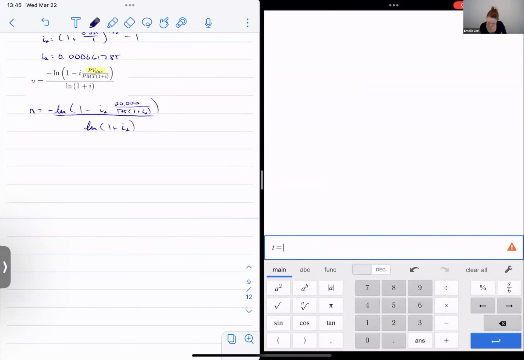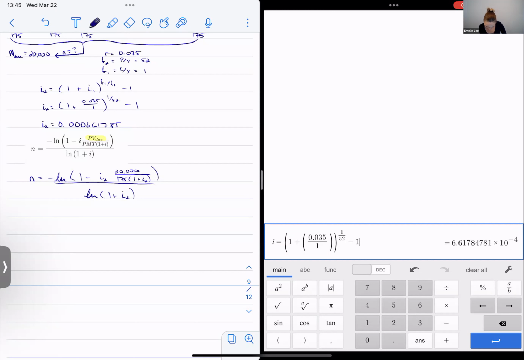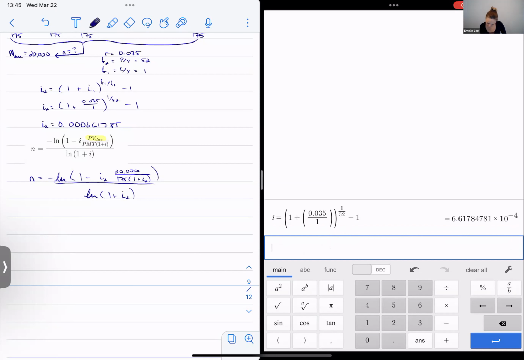I is going to be 1 plus 0.035 divided by 1, close the bracket, close the bracket to the power of 1 divided by 52, and then minus 1. 66178. Okay.